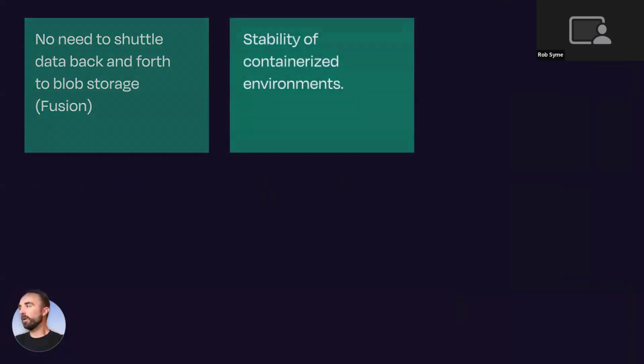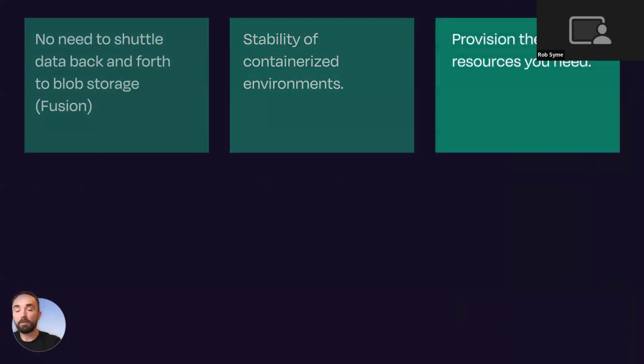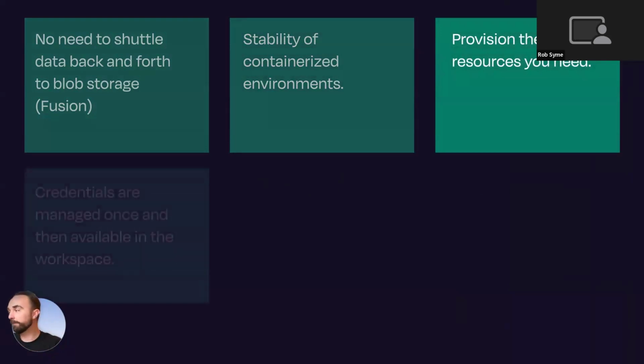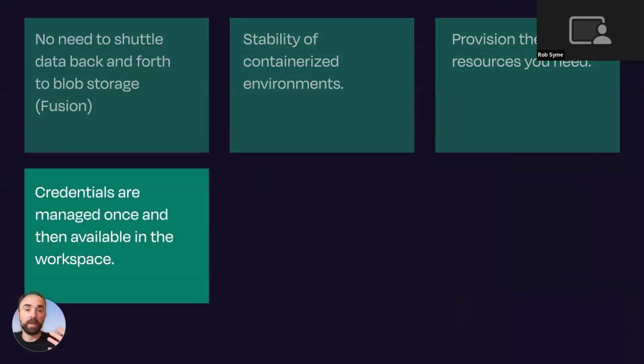I just want to note that there was no need to shuttle data back and forth between blob storage and Fusion. All of these environments are stable and containerized and reproducible. I can provision the resources that are needed, be those high CPU, high memory, or GPU instances, no matter what machine I have locally. The credentials are managed by Secure Platform and then made available to the workspace.